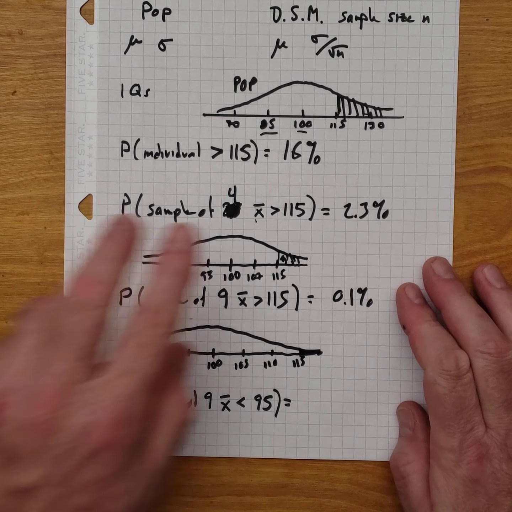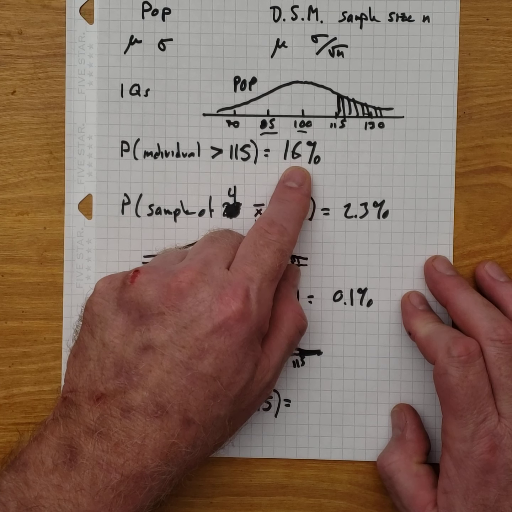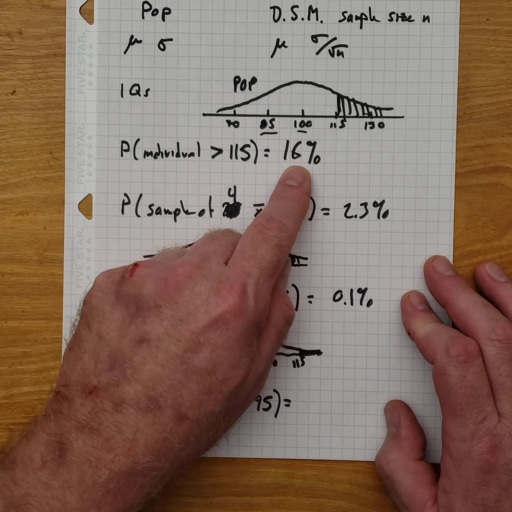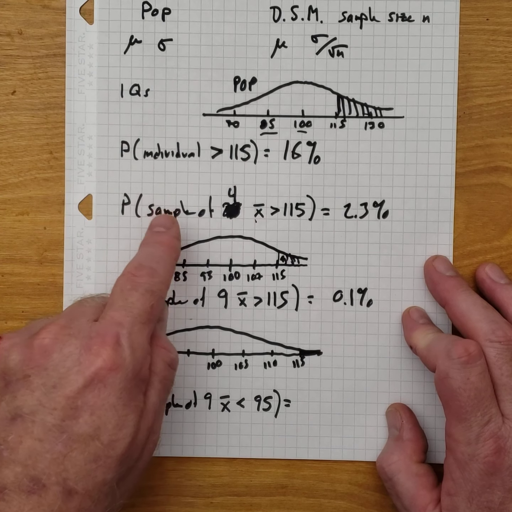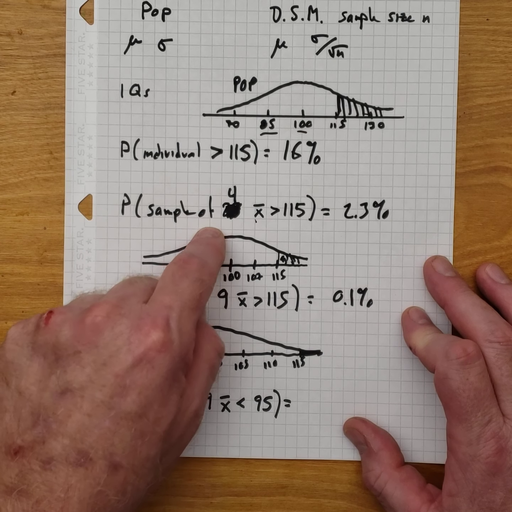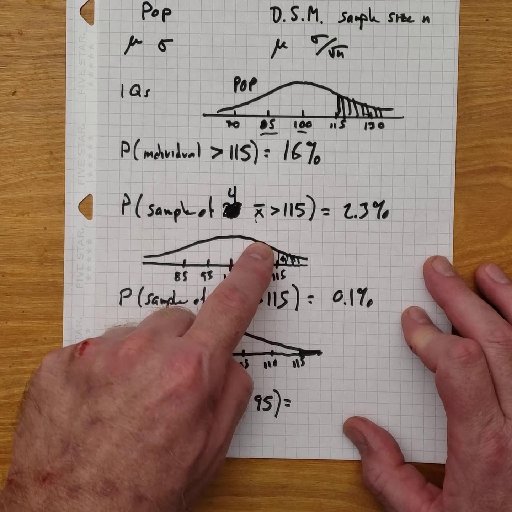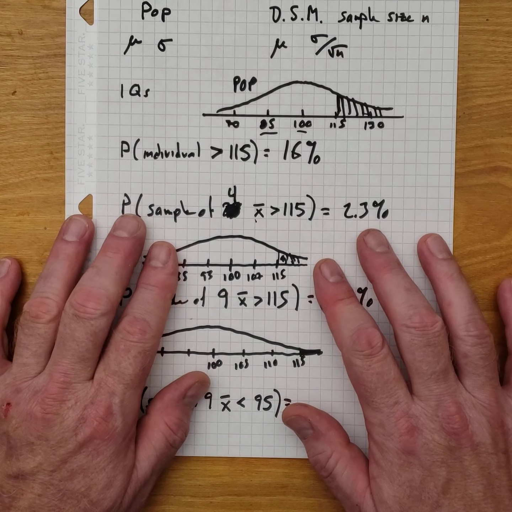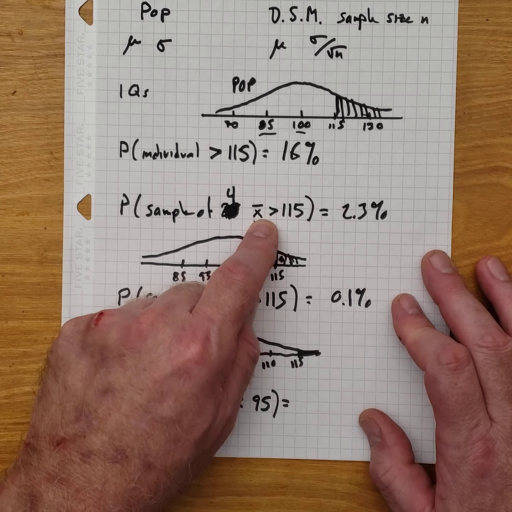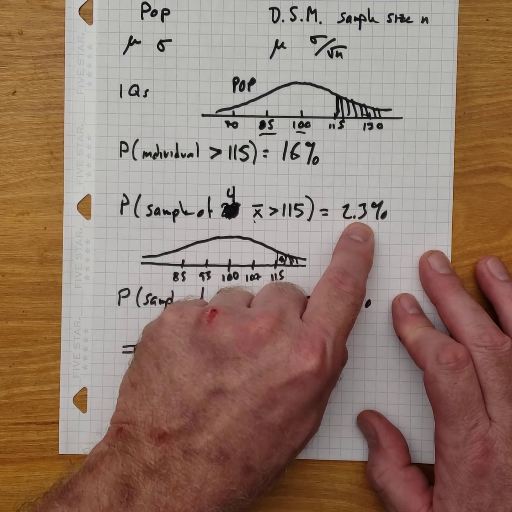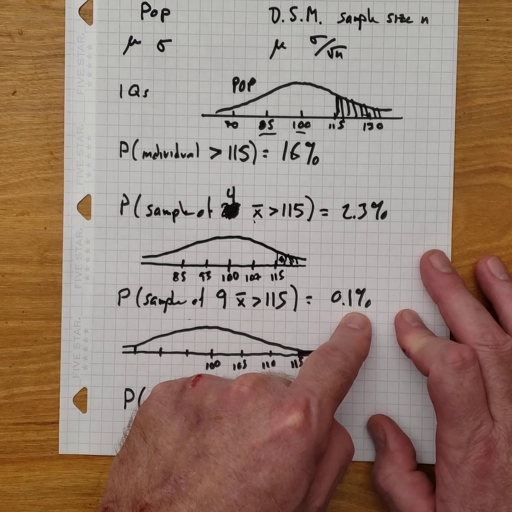So again, there's a 16% probability an individual selected at random will have an IQ that far above the mean. But if we take a group, because this is a more condensed, less spread out distribution, the likelihood that our group will have an average IQ that much higher than the mean is much smaller. And even for a group of just size 9, it's ridiculously small.